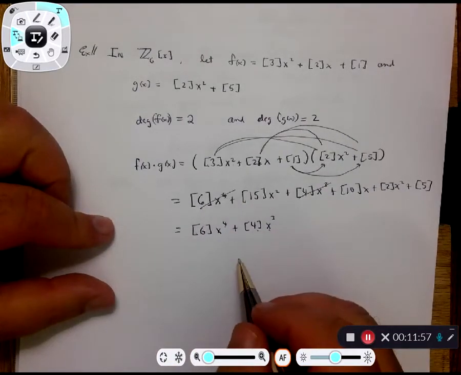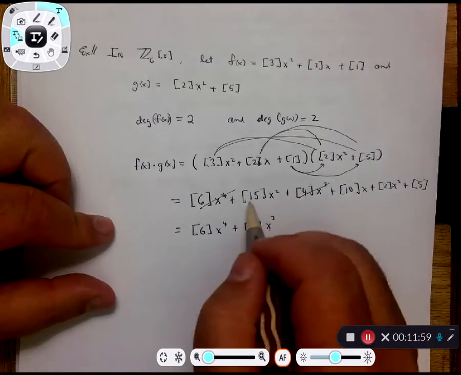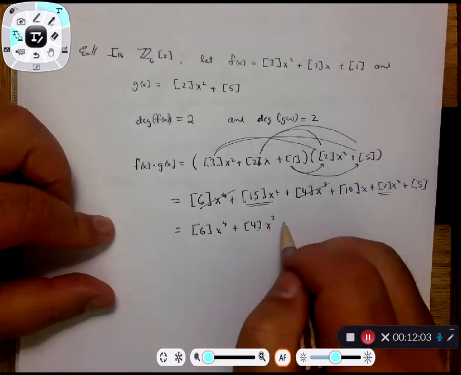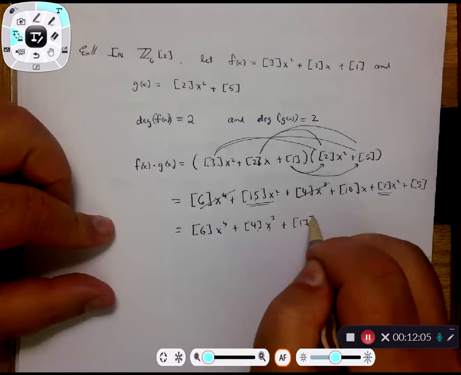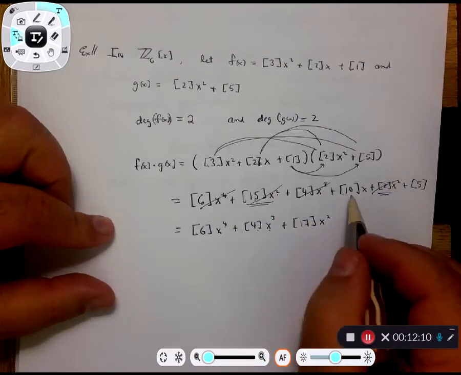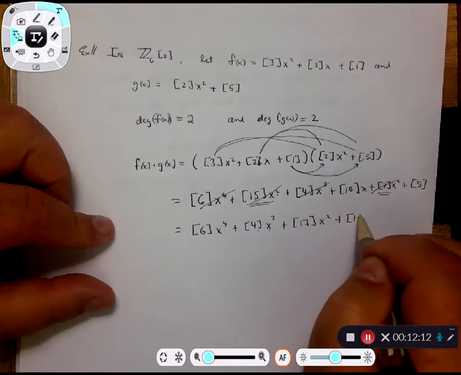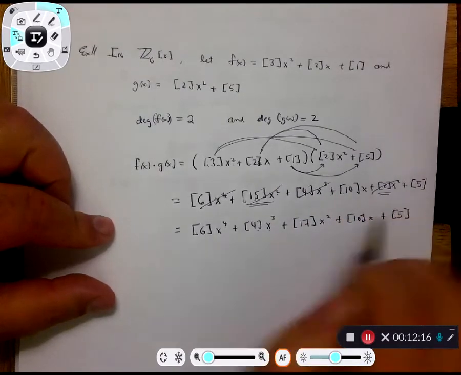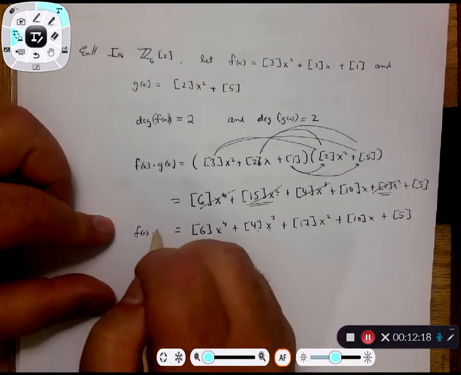The next one would be x squared, and I've got two of those: 15x squared plus 2x squared makes plus 17x squared. And then I've got plus 10x plus 5. So this is what f of x times g of x is.